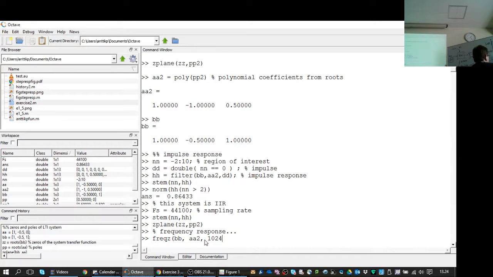So basically, how many points here will be mapped in here. And then the sampling rate, the fourth parameter. You can take a look at the help of freqz. It says probably the same thing.